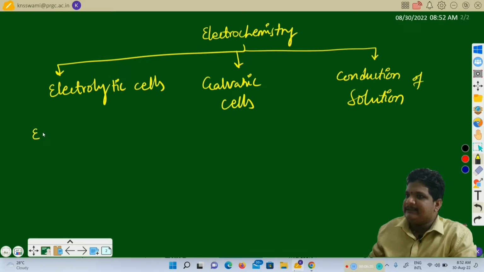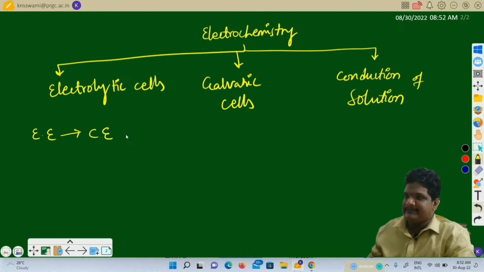In the case of electrolytic cells, electrical energy will be converted into chemical energy, so due to passage of electricity, a chemical reaction takes place.